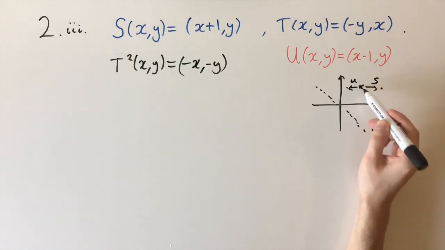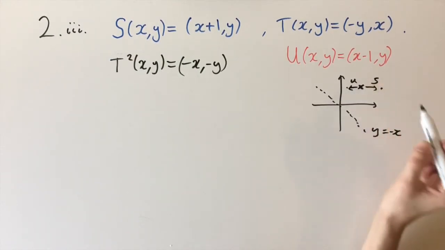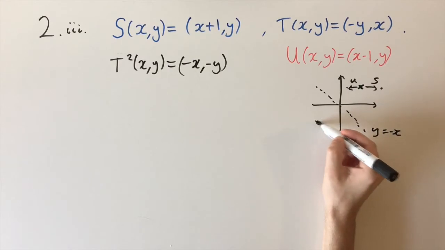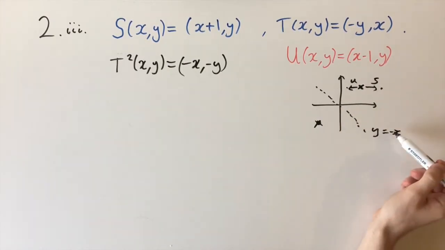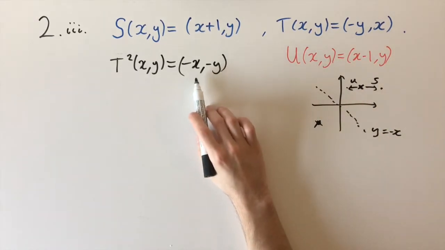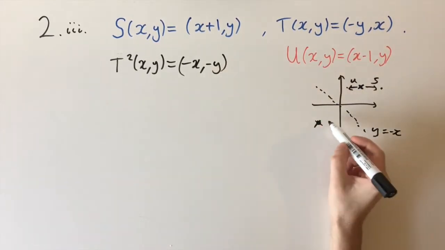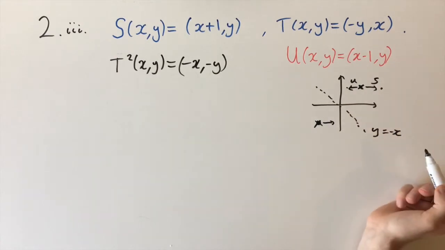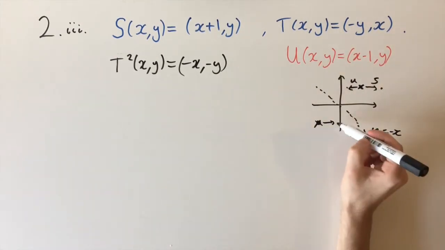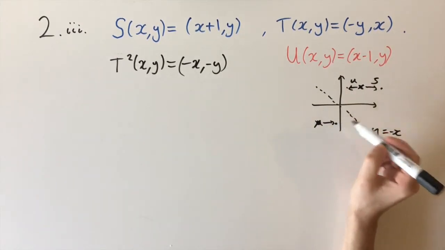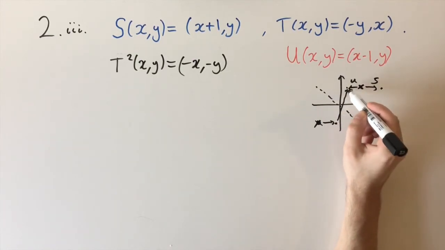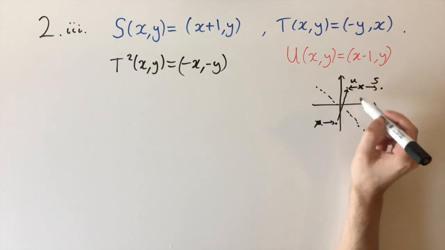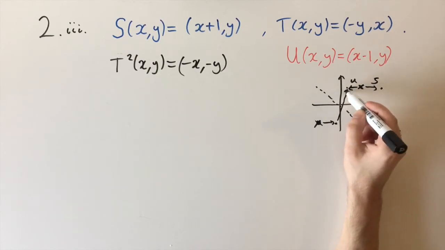So if this is our original point, and then we get a new point here, we've reflected in the line y equals minus x, and now the coordinates are negative. If we apply S now, we'd be moving it to the right here, but then if we apply T squared again, we'd be reflecting it, and that would undo the action, and it would map it back to minus 1. So this would provide an inverse of S.